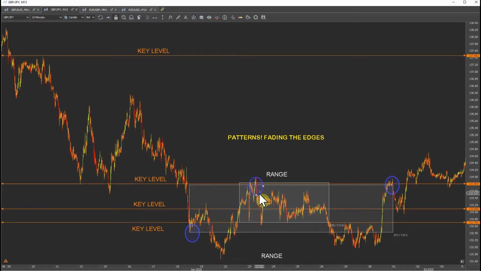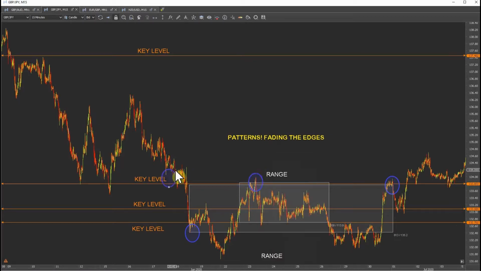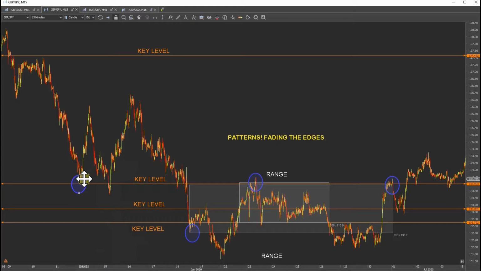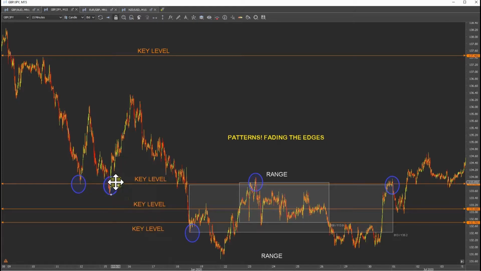When we form our range opinion, and these range opinions are formed by an opinion that we formed a long time ago, which is right over here, and even over here and over here.